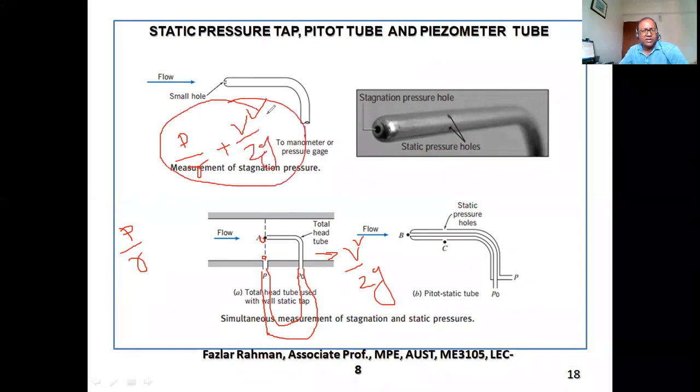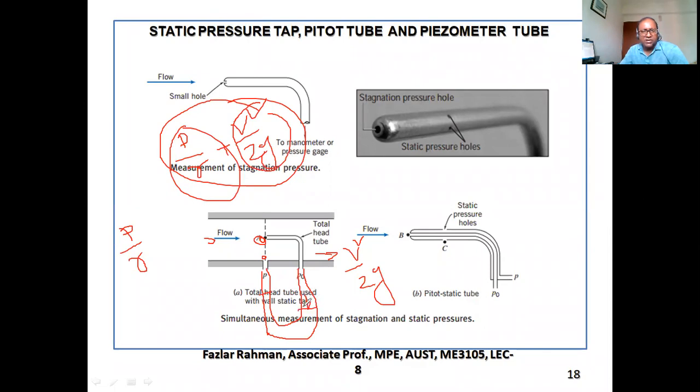With these two energies, the fluid is coming from this point to this point. When it comes here, the velocity is stopped. So this kinetic energy is converted into pressure energy. So the converted pressure energy and this P by gamma get together and increase the pressure. So if you increase the pressure and add the manometer, then what will happen?